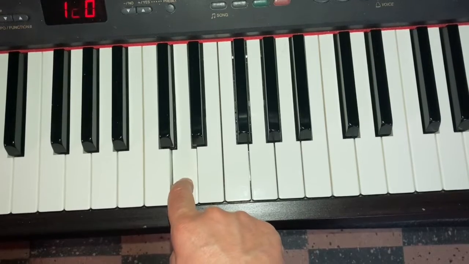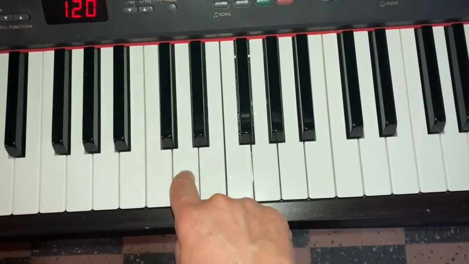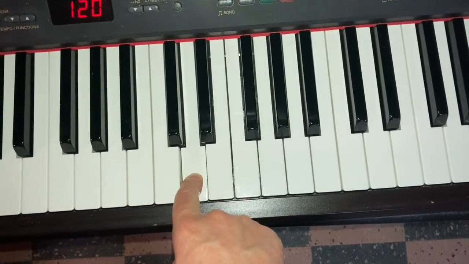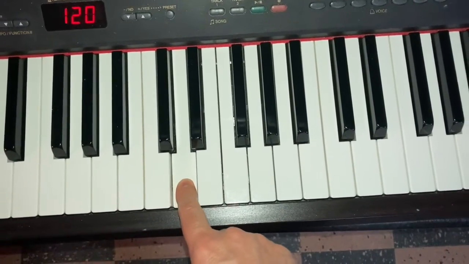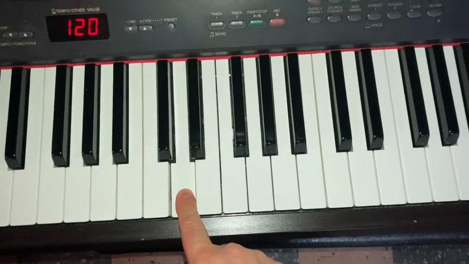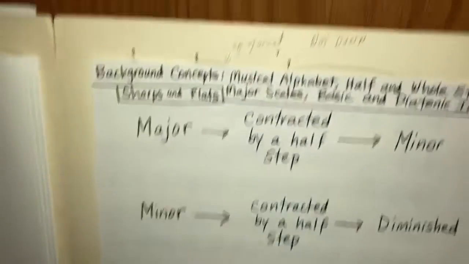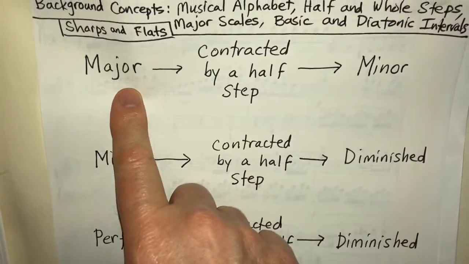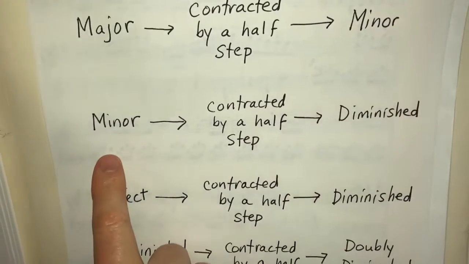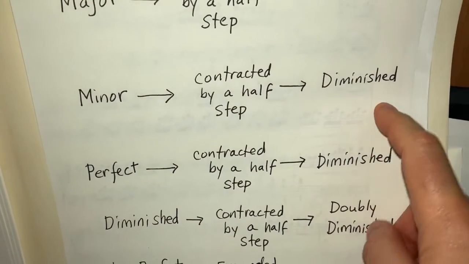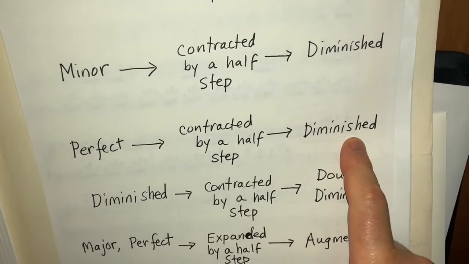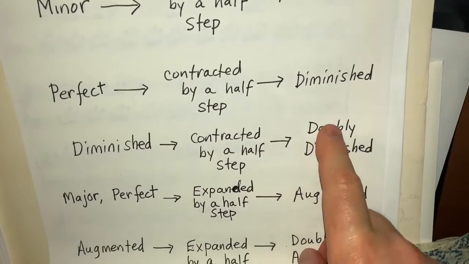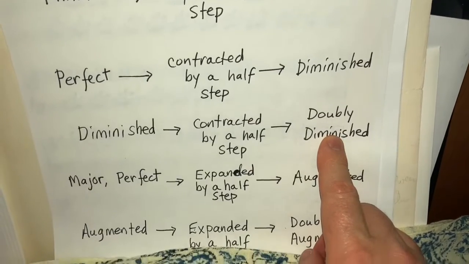This note can also be called E double flat. So double sharps and double flats are involved with the altered intervals. But I would suggest to learn the major turning to minor, the minor turning to diminished, and the perfect turning to diminished. Learn those first before you learn the doubly diminished.